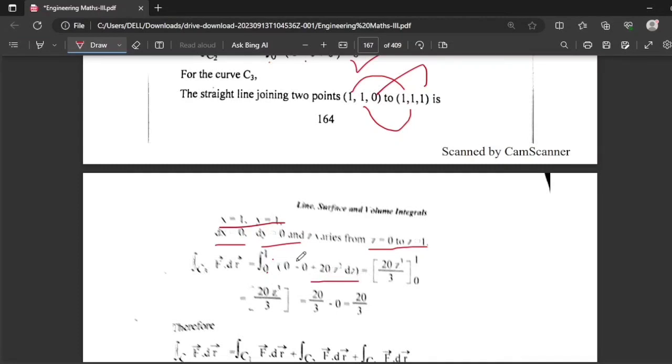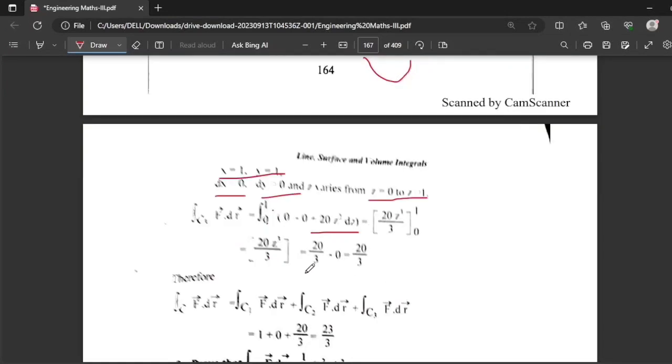And x is 1, so 20 z square dz, so integration is 20 z cube by 3, where z varies from 0 to 1. Plugging the upper limit it is 20 by 3 because 1 power cube is 1, and the lower limit it is 0 because 0 multiplied by something is 0, so it is 20 by 3.